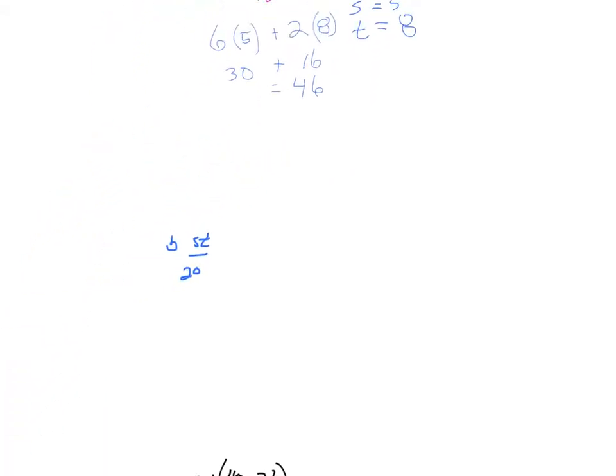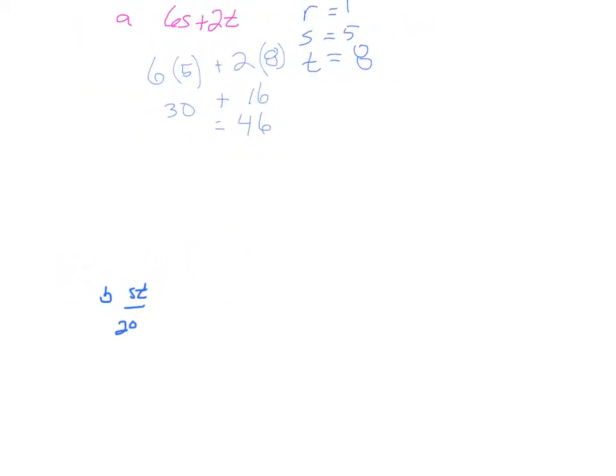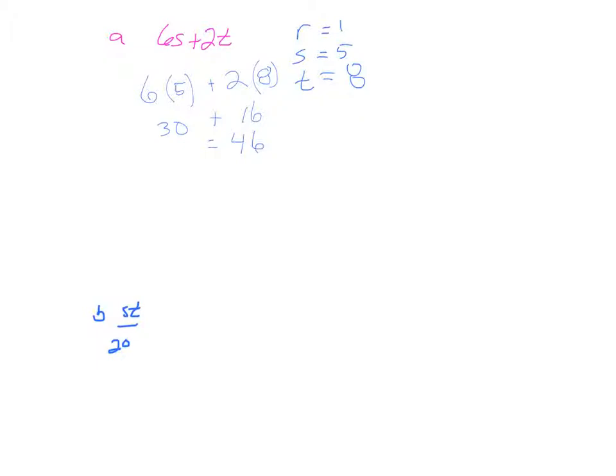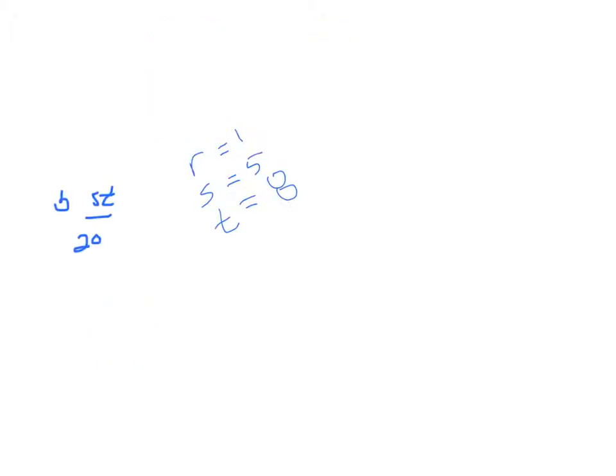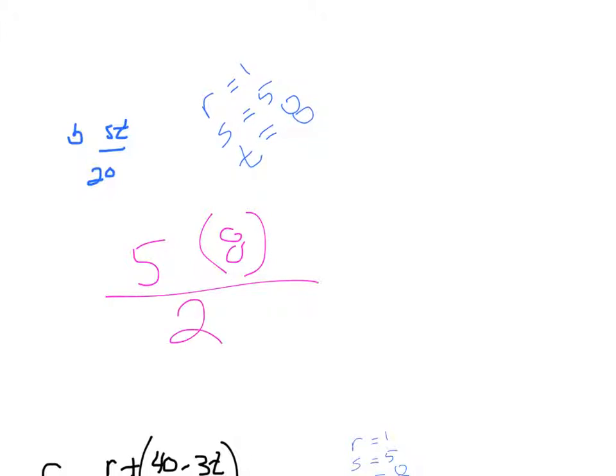I'm going to zoom out just a little bit. Go ahead and use the same values here: r equals 1, s equals 5, and t equals 8. I'll give you some time to do that. Okay, here we have 5 times t, which is 8, divided by 20.